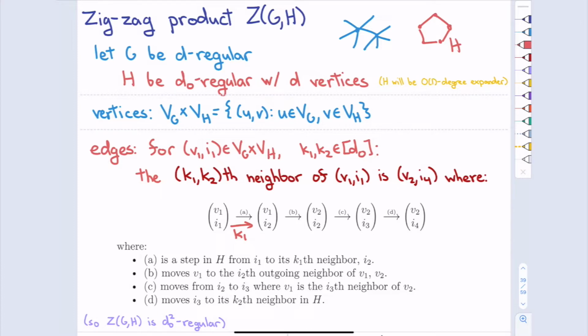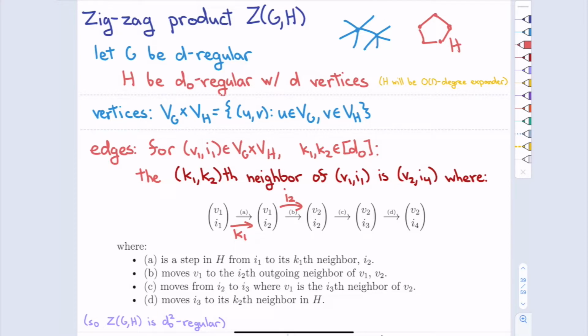And then now I'm going to look at I2 and use that and go from V1 to the I2th neighbor of V1, which is V2. So I take a step in H, look at where I am in H, and use that to take a step in G.